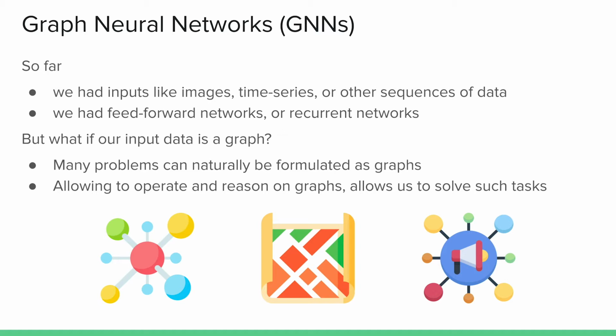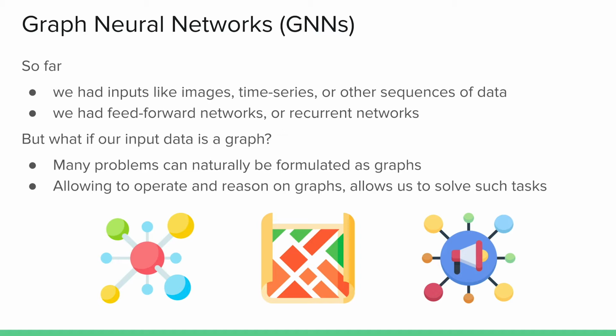Another example would be a street map. If we have a street layout, we have intersections and roads, you can represent this very well with a graph-like data structure, where, for example, the intersections are nodes and the roads are edges between those intersections.